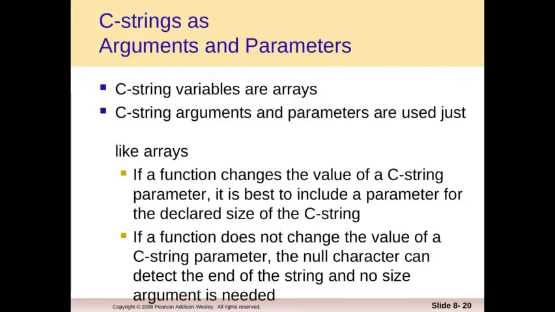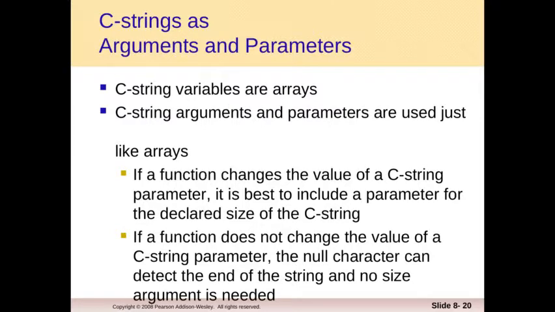Now, passing a C string to a function means passing the array in which the C string is stored to the function. And then of course the function can search, starting at the beginning of the array, for the \0 in order to know the length, and so on and so forth.